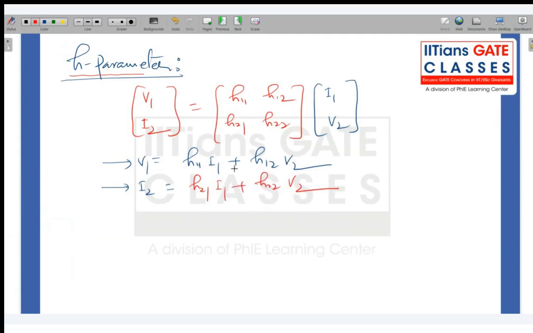What is the dimension of H11? That is input resistance, right? That is I1 when V2 equal to 0, that you have to keep in mind. And your current gain will be I2 by I1, which is H21, the current gain, when V2 equal to 0, that you should know.